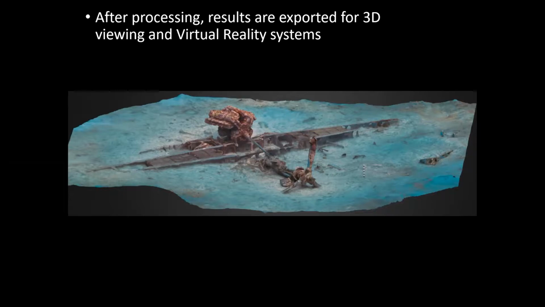This is a screen capture of the 3D model, but we use virtual reality systems so that people can put on the goggles and we can take them down to the site. So if we have family members or friends or colleagues, no matter how old they are, if their eyes still work, we can bring them down and let them see the site where their loved ones lost their life. And that's a wonderful gift and tool to be able to give to the people.